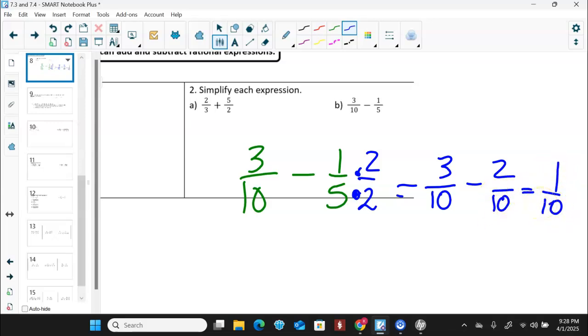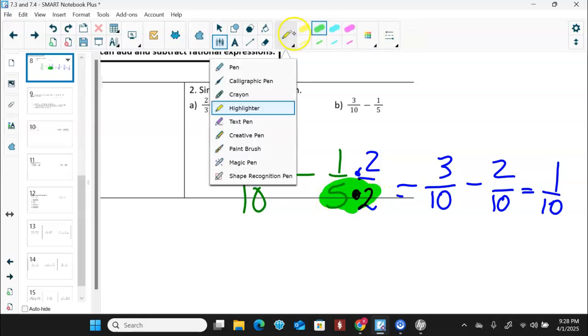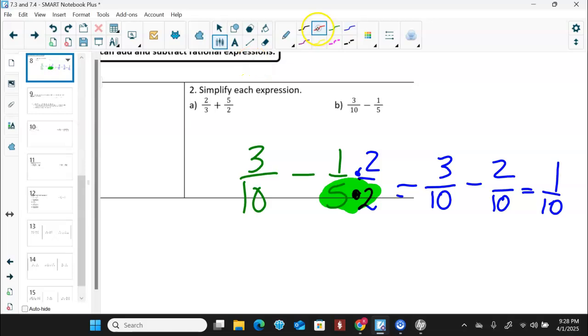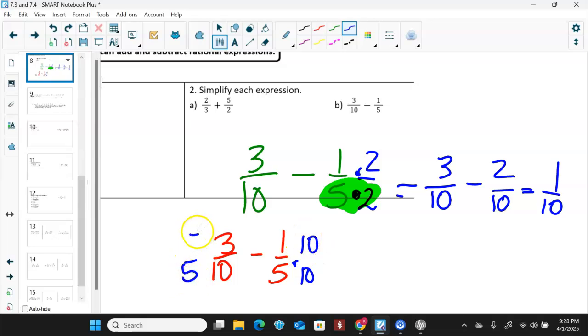If you don't understand why this is the only side that I need to multiply, that's okay. What you can do is write it again, 3 over 10 minus 1 over 5, and multiply them by each other. We can multiply the 5 by a 10, and we can multiply the 10 by a 5. Whatever is on the bottom, we multiply by each other.